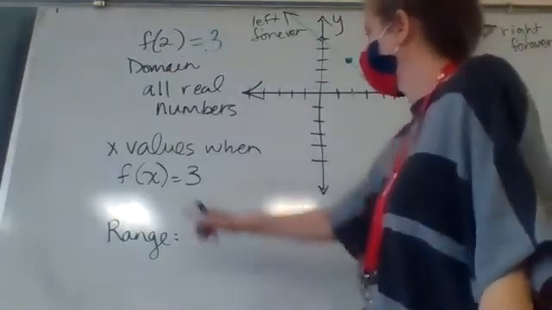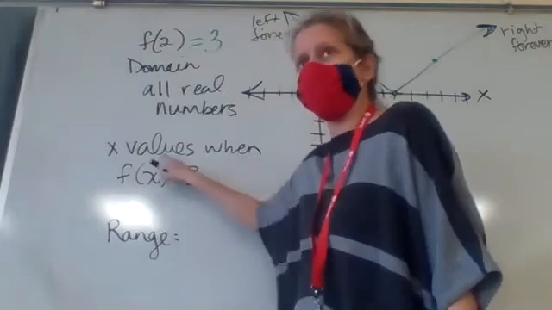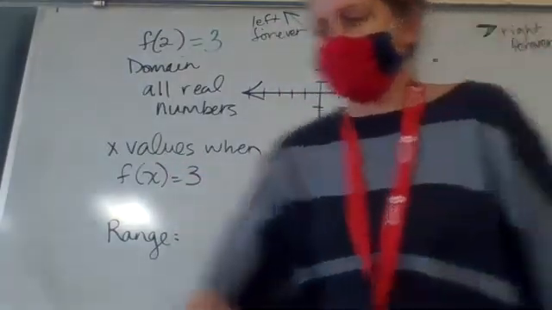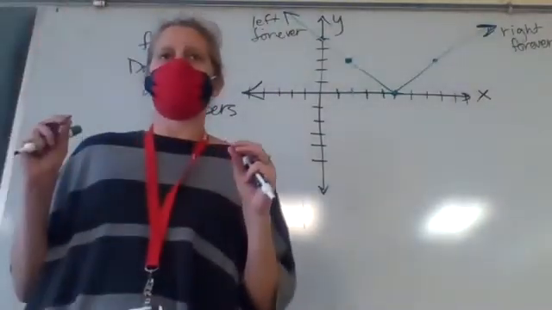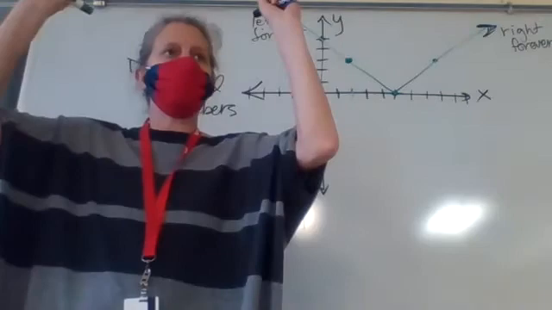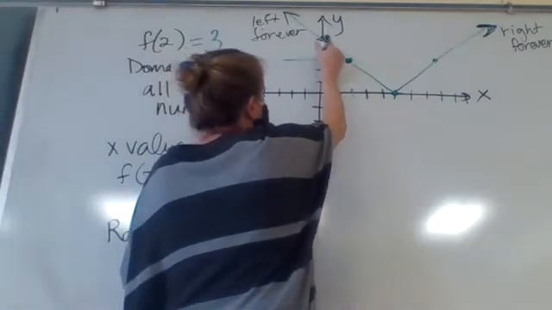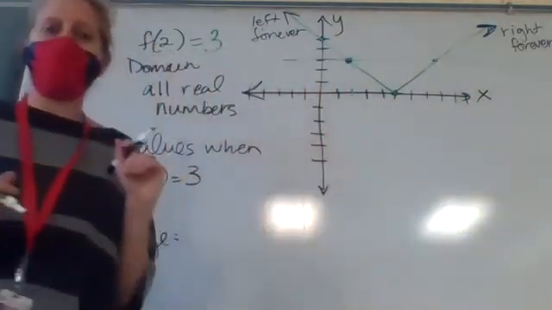The next part of this, what are the x values when y equals 3? Well, where is y 3? Let's think about where y 3 would be. That means y being 3 means you've done what? You've gone up 3. So here's y 3, anywhere here, right? Everywhere there.